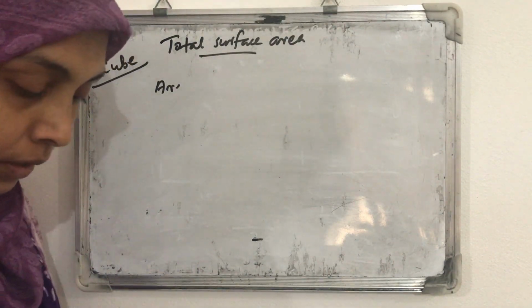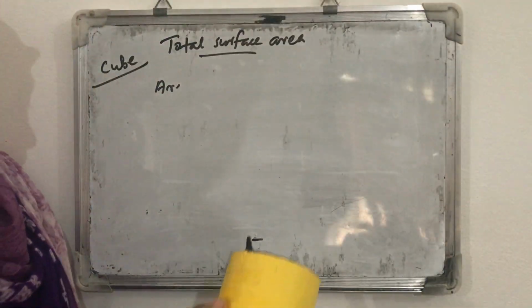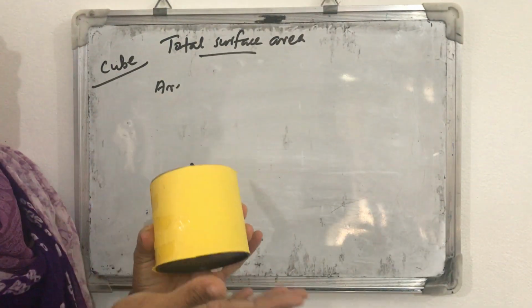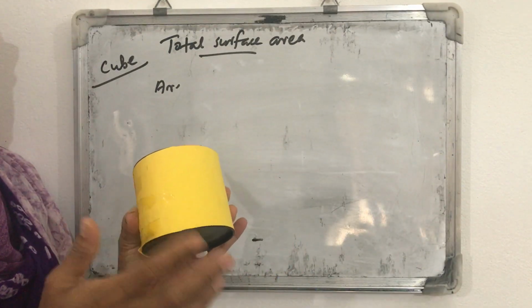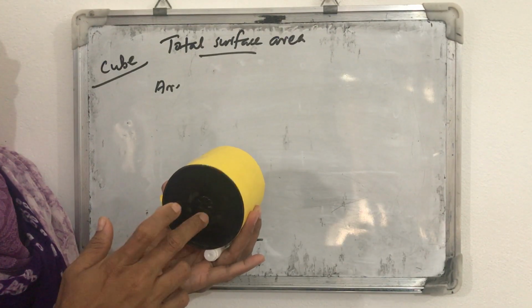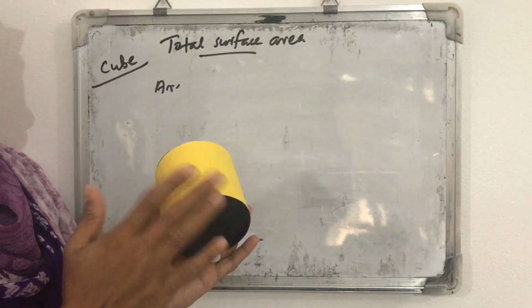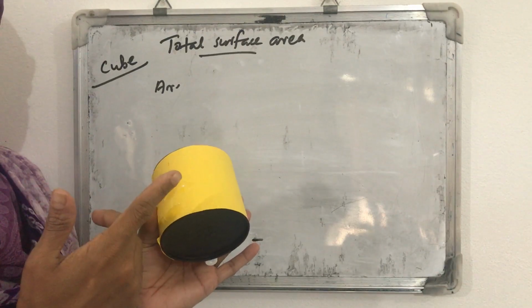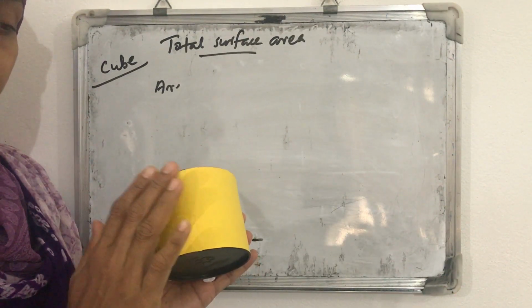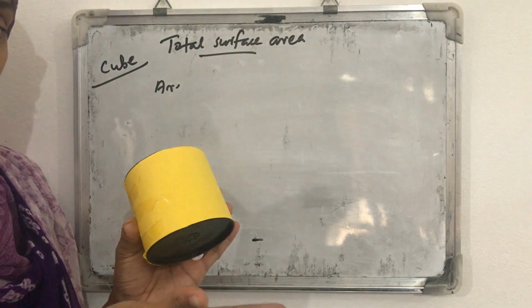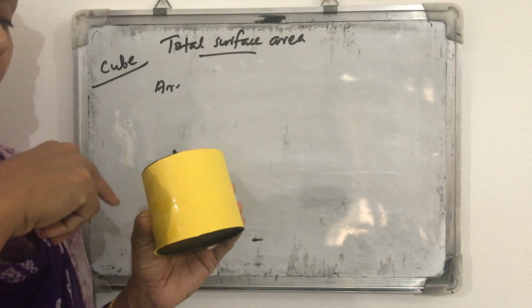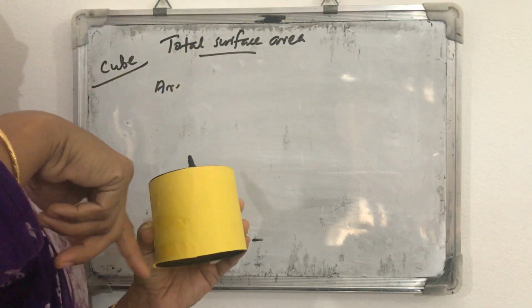Now in the case of another shape, if it is a cylinder, a cylinder has one, two, three faces: two plain faces, two circles, and one curved face. To find the total surface area of this cylinder, first find the area of this circle, then the area of this circle, and find the area of this curved part also.